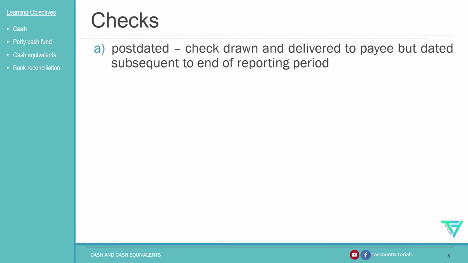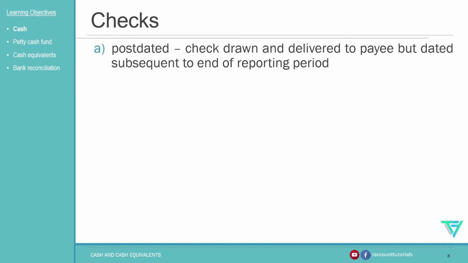So let's say the check is drawn December 28 and it was also delivered on that date. However, the date of the check is January 2. The payee will not be able to encash that check until January 2.